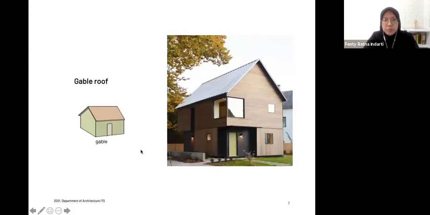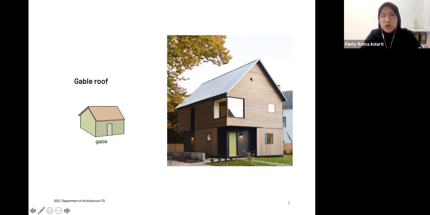Next is the gable roof. It's also very easy to find, and many designs have already incorporated this type of roof. I noticed that recently there are many designs showing this expression of roof. So many modern designs nowadays, what the market calls modern style, use this type of gable roof.